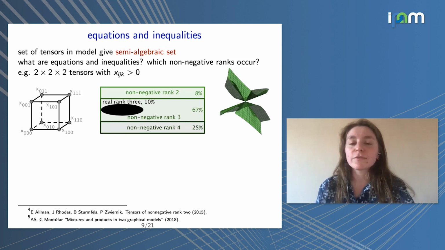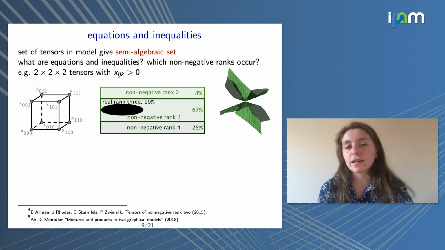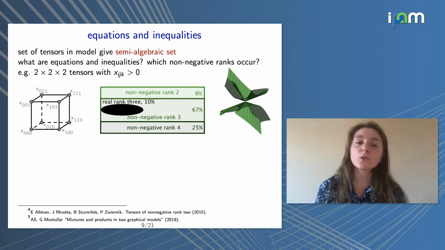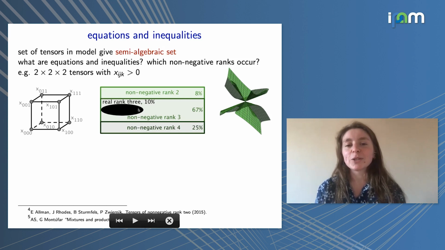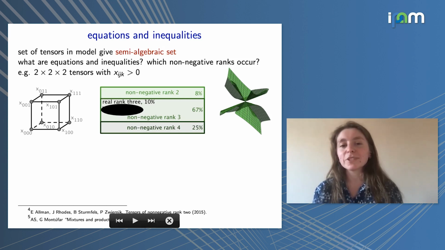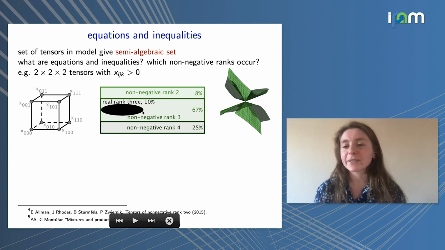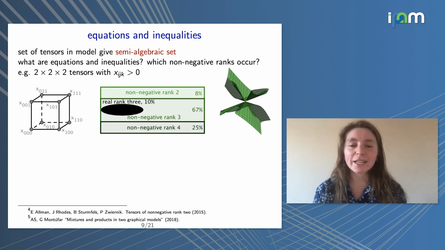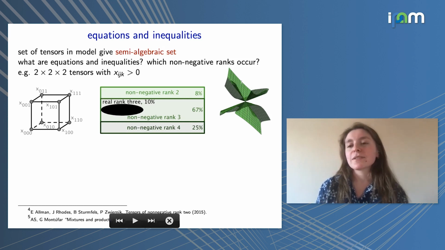If we look at the real rank, which I talked about in my first tutorial, then we can have real rank being either 2 or 3. Here's our real rank 3 locus, or a cartoon for it, and everywhere outside of this is real rank 2. The boundary doesn't really look like an oval; it is given by the hyperdeterminant, which looks more like this.